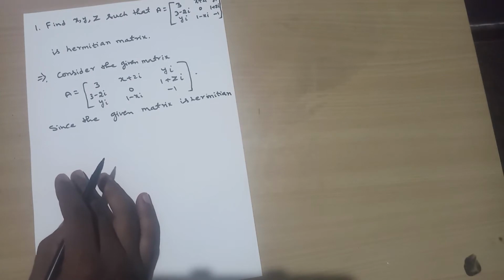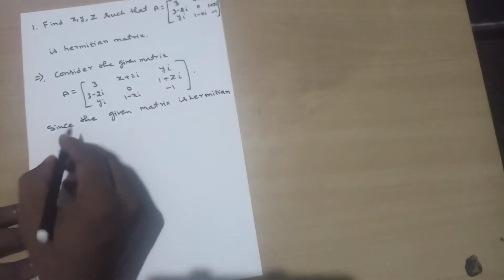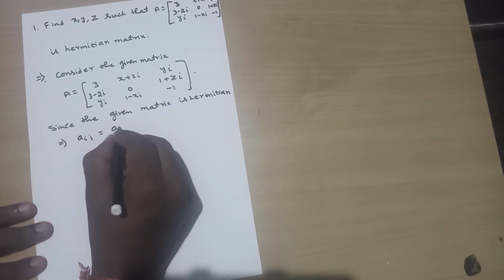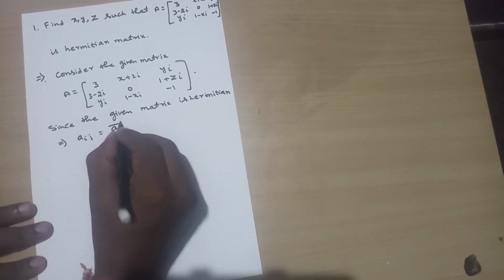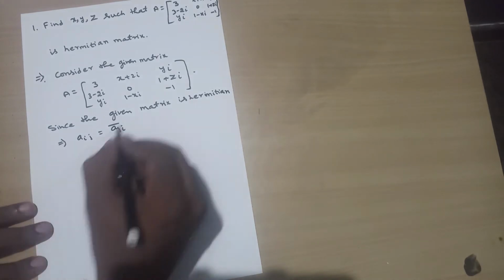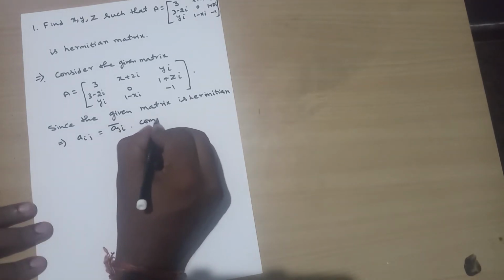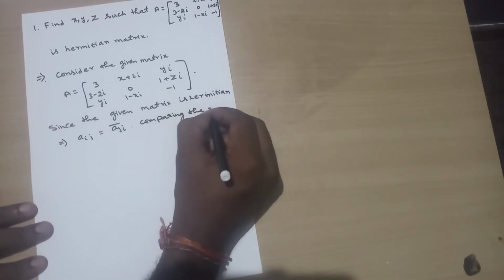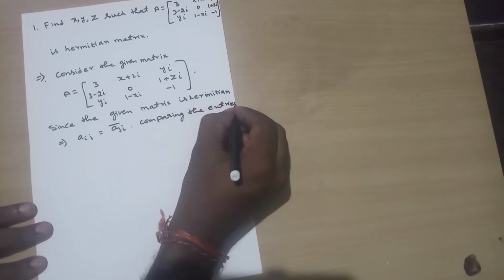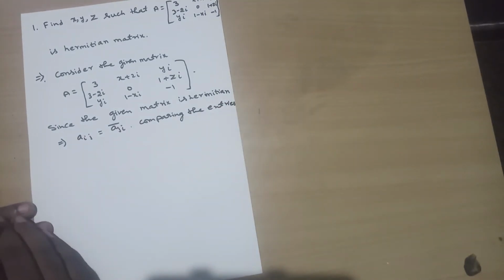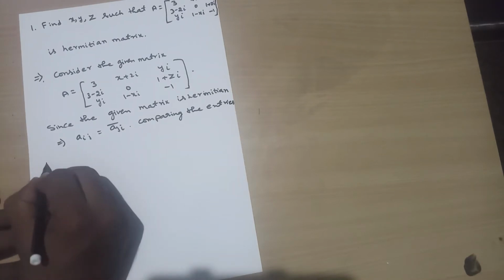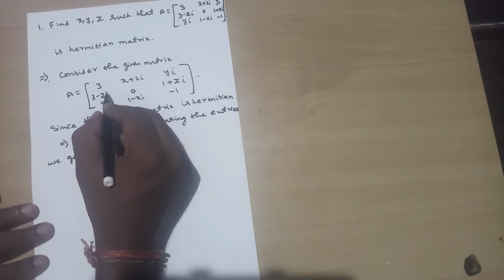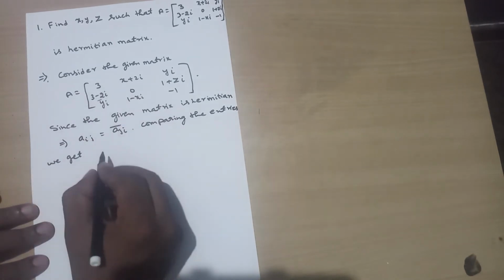Okay, so now you have one condition. What is that condition? Here a_ij equals the conjugate of a_ji. So you have to compare that one. Comparing the entries, I am taking this one, 3 minus 2i.